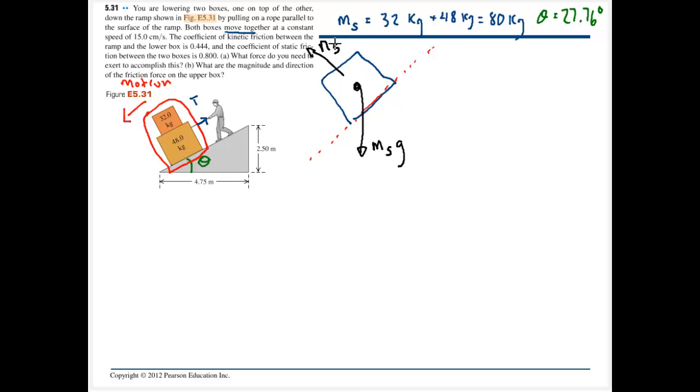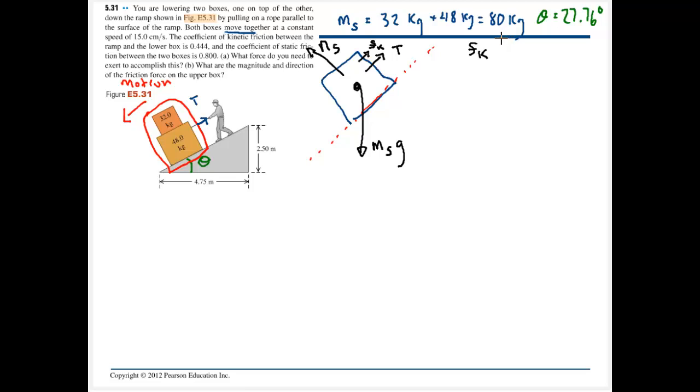That's the force of the ramp pushing up on the boxes. I know I have my tensional force right there, and last but not least, I know that my motion is down the ramp, and so I'm going to have my friction upwards on the ramp, and if you can't read it, that's a little f sub k, k being kinetic friction. So that guy right there.